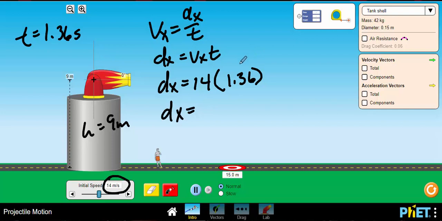So my horizontal distance is 19.04 meters. So what I want to do is put this target at 19.04 meters, or as close as I can with this simulation.